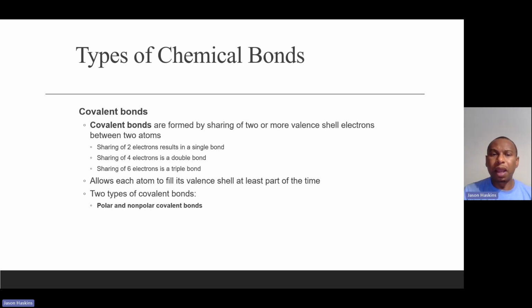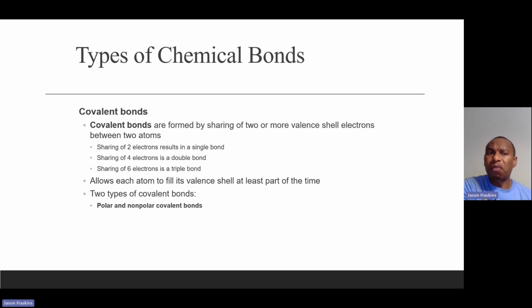The prime example of that is going to be H2O, the hydrogen and oxygen. The electron around that hydrogen is going to gravitate more towards the oxygen because oxygen has what we call a higher electronegativity. That means it has a higher affinity for attracting electrons.